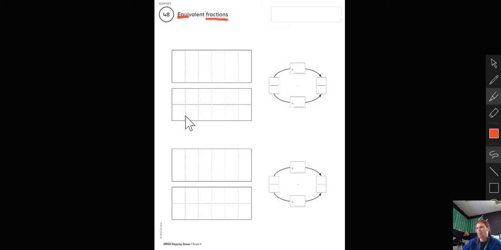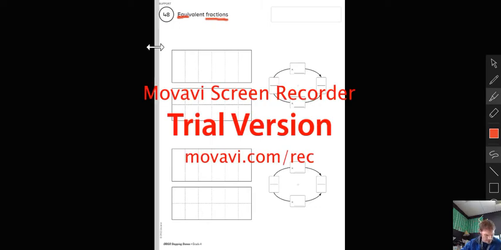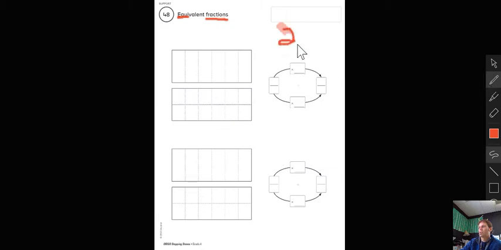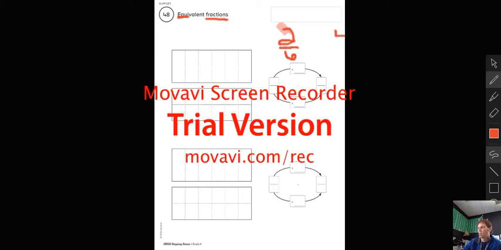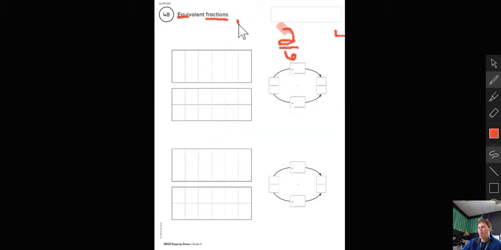So for example, if I had something like 2/6 compared to, I don't know, 4/12. I wonder if I can write over here. Nope, I can't. Never mind. 2/6 compared to 4/12. That's a little more difficult, isn't it? Because we've got different denominators.